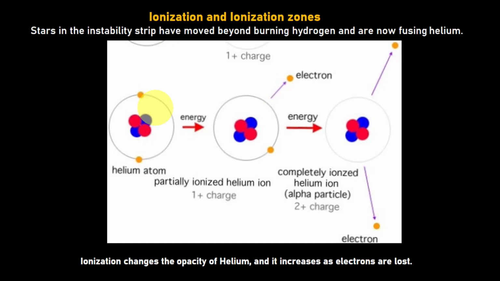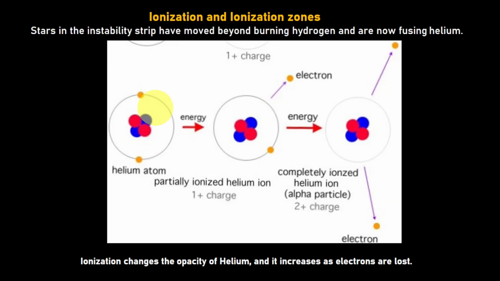Now, one thing about this ionization is that it increases the opacity. The more it loses electrons, the more opaque it becomes. Opacity means it doesn't allow light to pass through. You can imagine it like something waterproof: waterproof does not allow water to pass through.